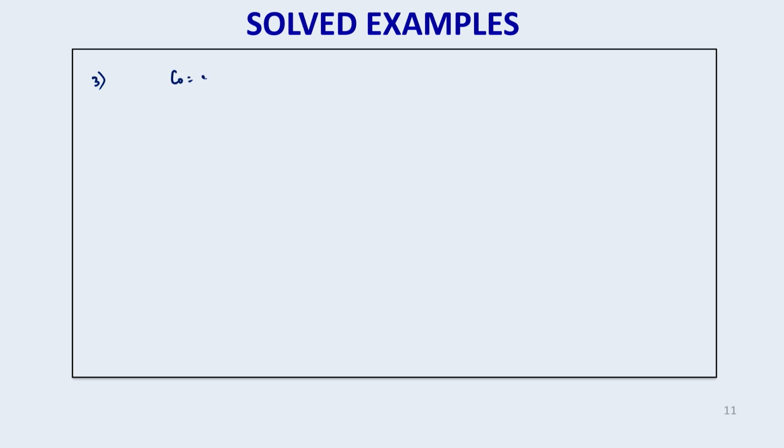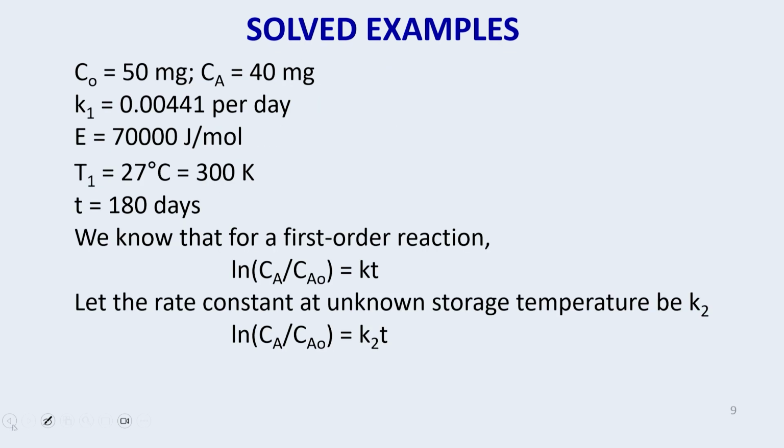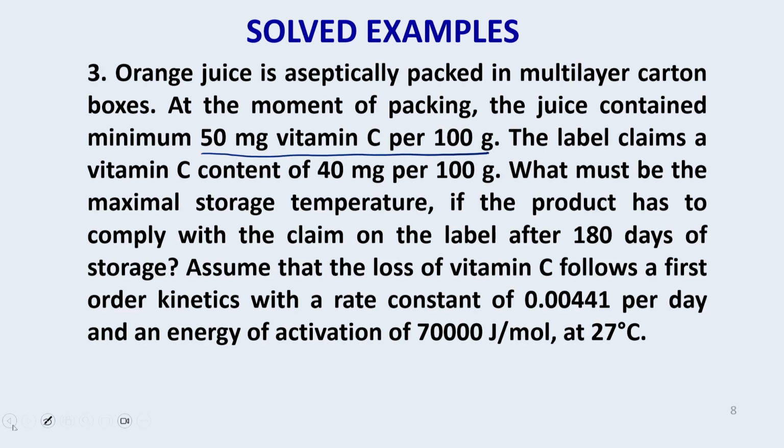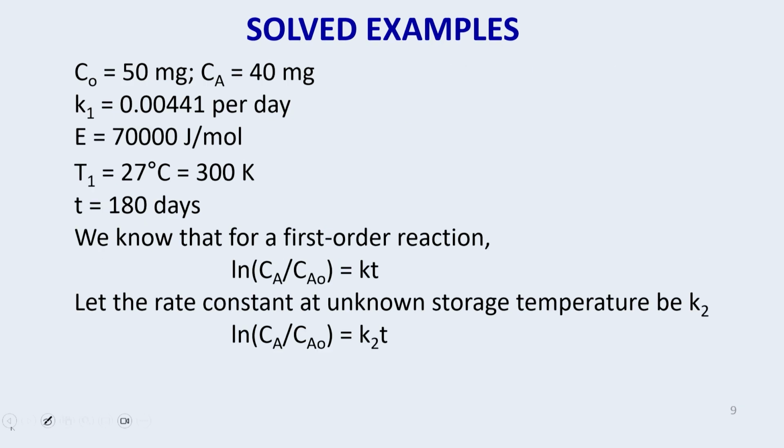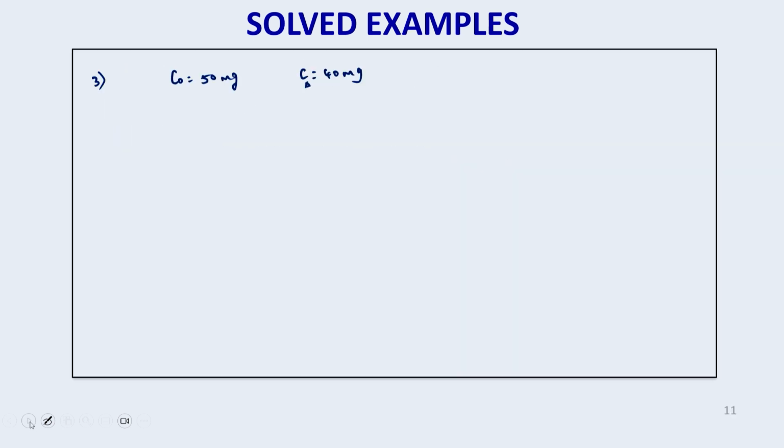C naught is 50 milligram, C is equal to 40 milligram. Activation energy is given, 70,000 joule per mole.